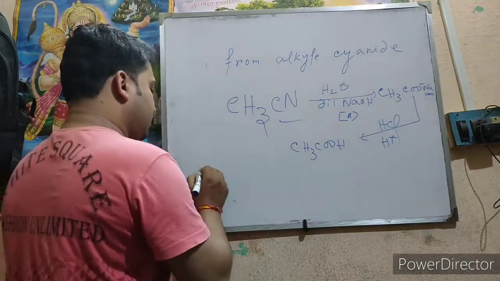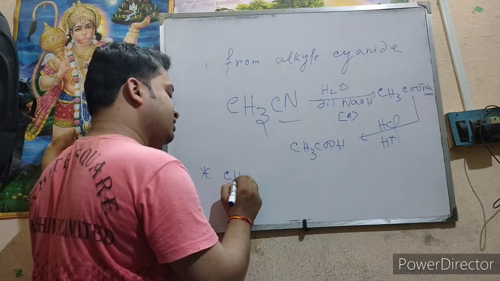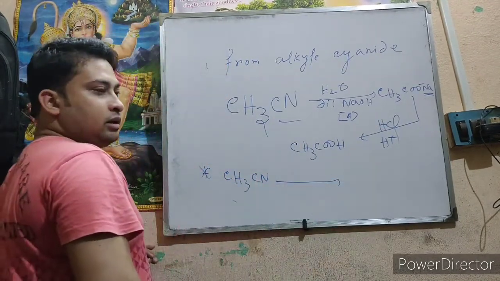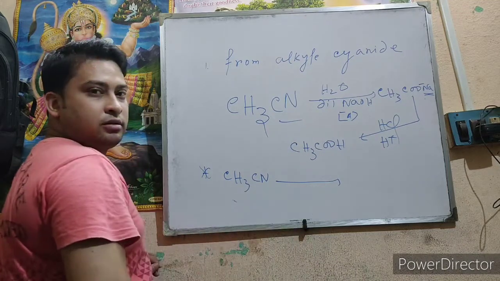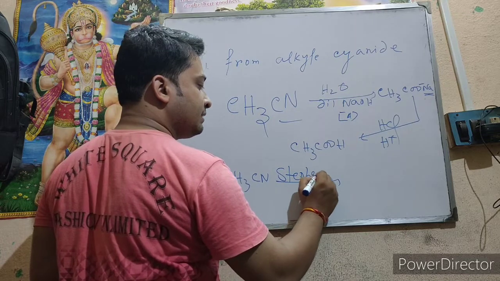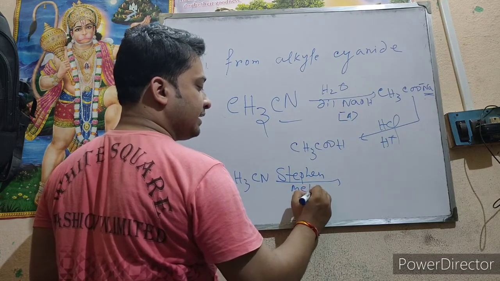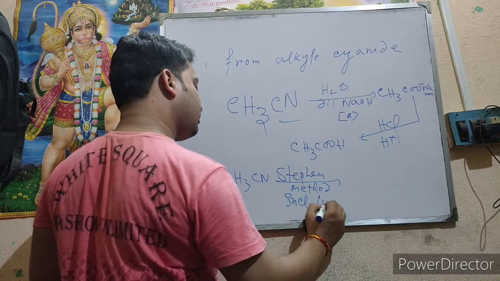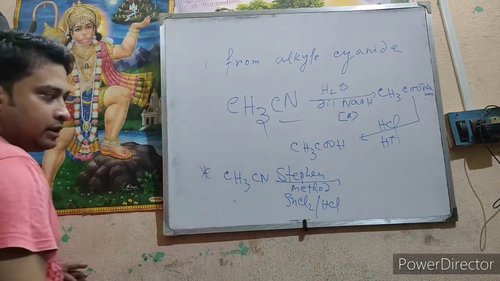Or I have another process, that is CH3CN. You have this group, then you convert it by the Stephen method. That is SnCl2 and HCl.